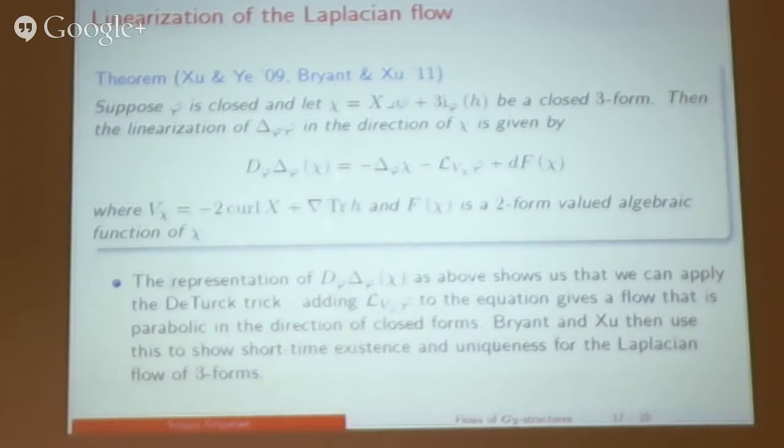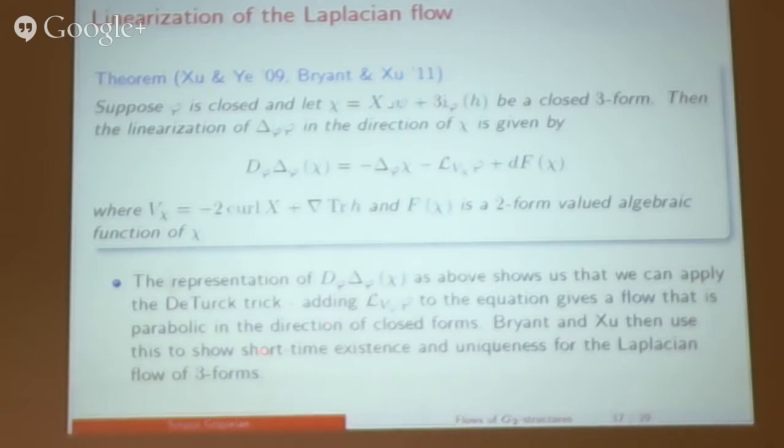Whenever we have a flow, we want the equation to be a parabolic equation. Then everything works out nicely. We can prove some properties of the solutions, we can prove that solutions exist. But this is not quite that. This Lie derivative term causes the equation to be not strictly parabolic. It's what's known as weakly parabolic, in that the principal symbol is not positive definite, it's semi-definite.